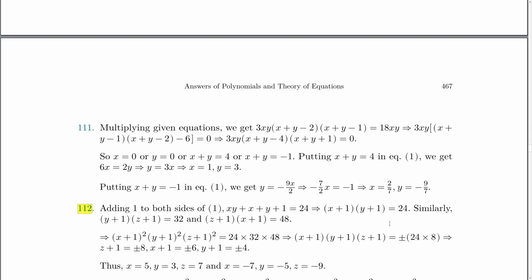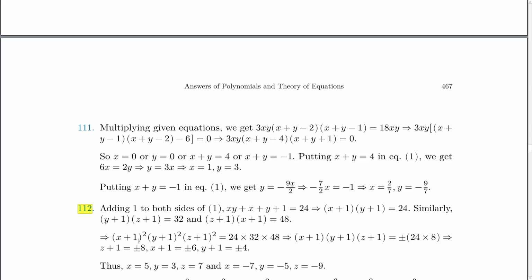How we got 24 × 8 is you take 6 from this and 6 × 48, and you take 4 from this, so 4 × 8, so that will become 24 squared, and then this will have 8 × 8, that is 8 squared. So (x + 1)(y + 1)(z + 1) = ±24 × 8.